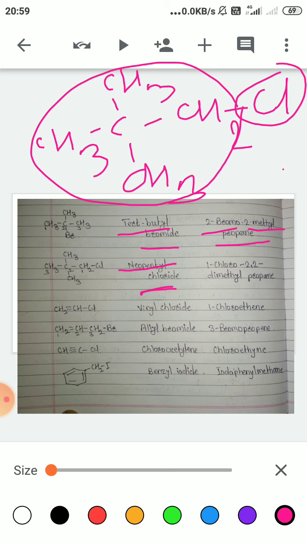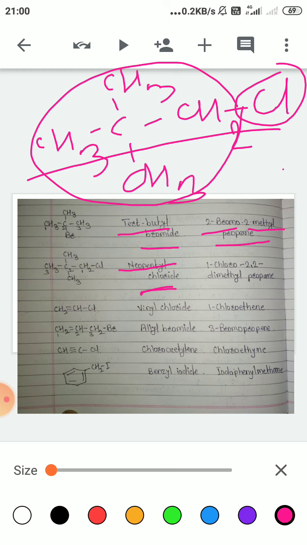Now we are going to write the IUPAC name. First select the longest continuous chain which contains the functional group. After that we number the carbon atoms so as to give the lowest number to the functional group.